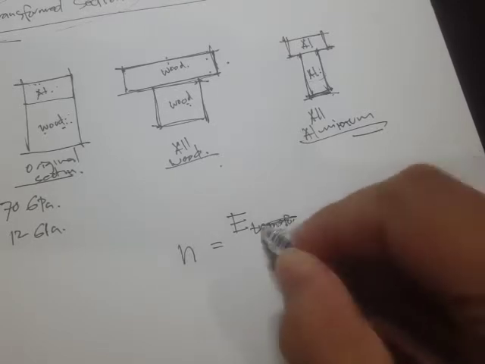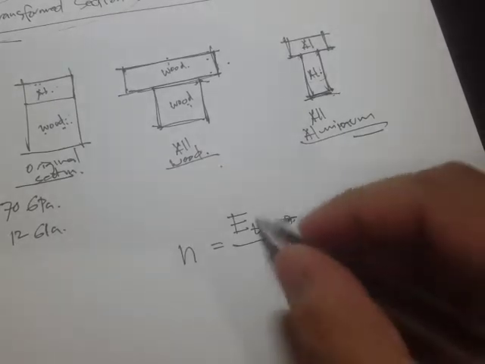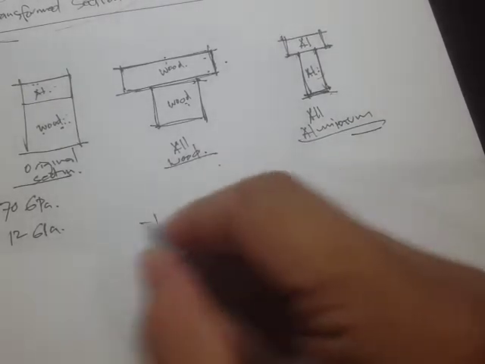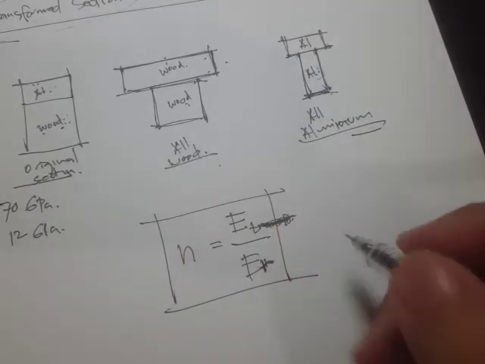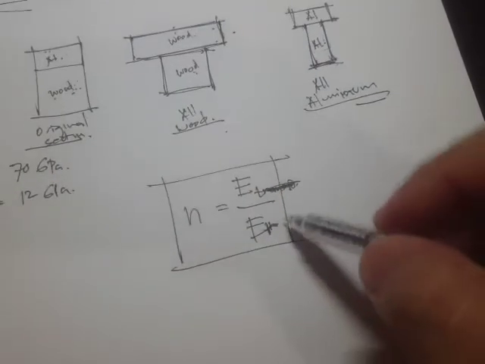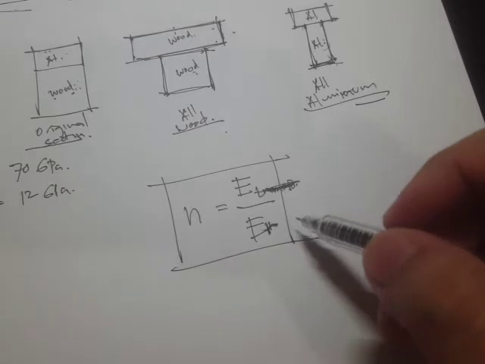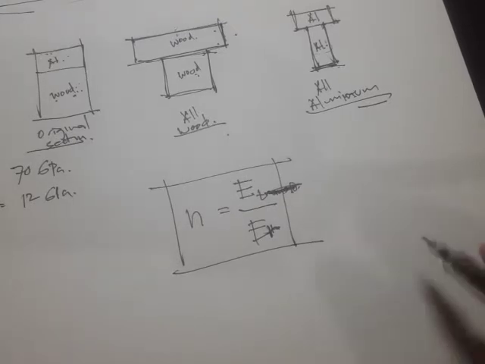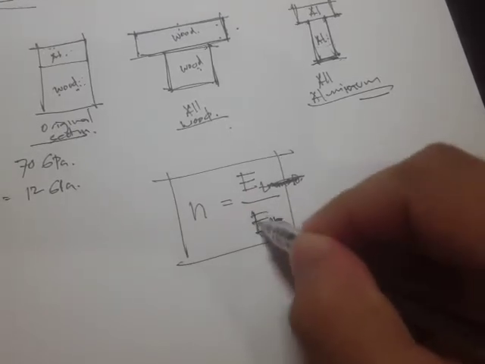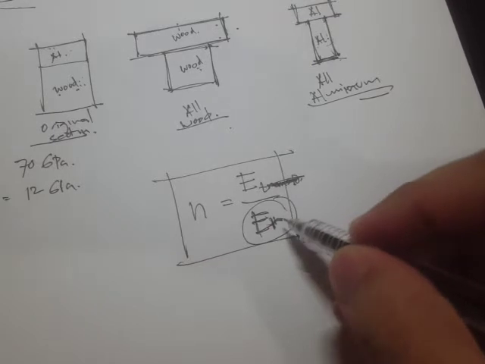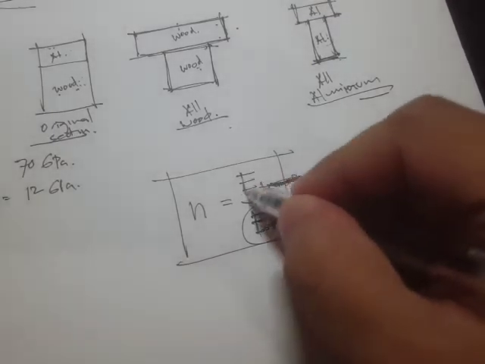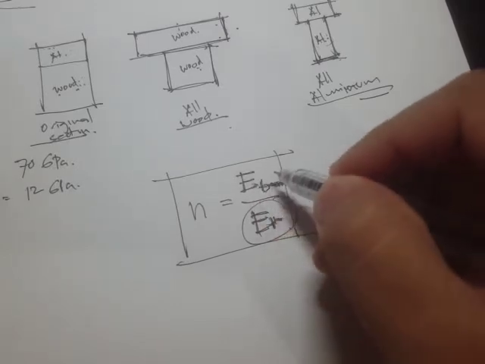Right, so we'll just write E sub t divided by E sub reference. This is how I notate it, so that I don't forget which material is being transformed and which material is my reference. Take note that the reference or base material should be in the denominator, and the material to be transformed is in the numerator.